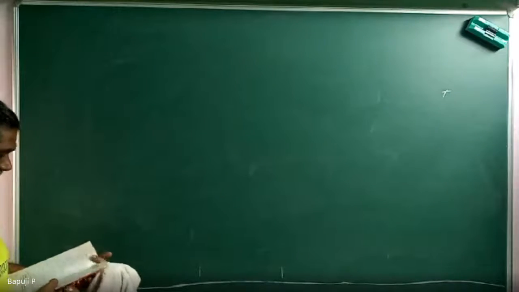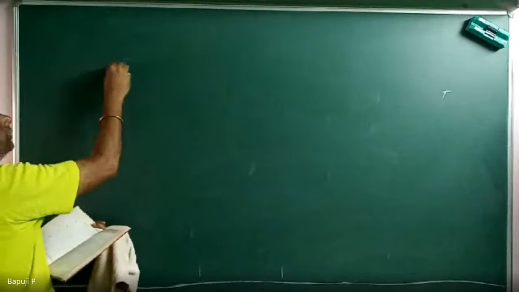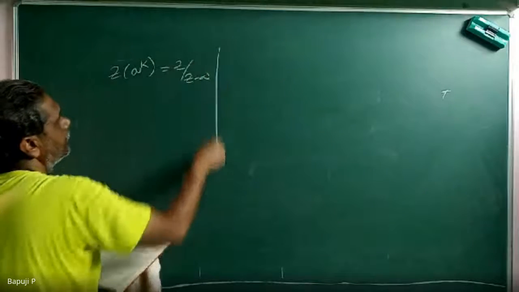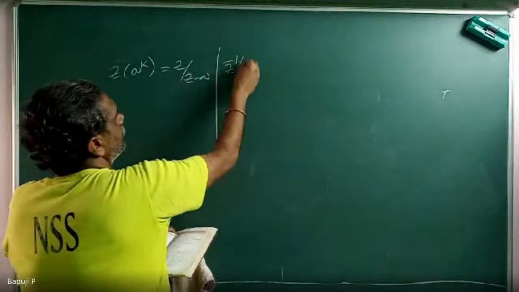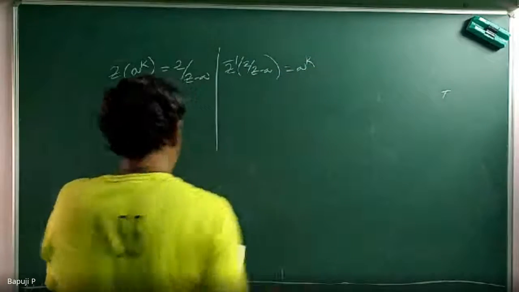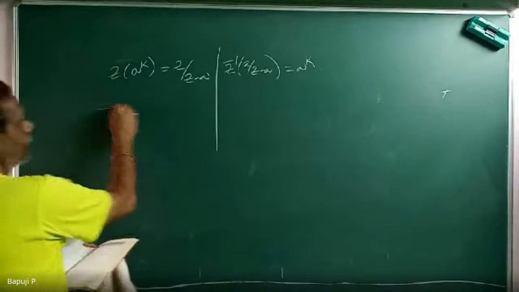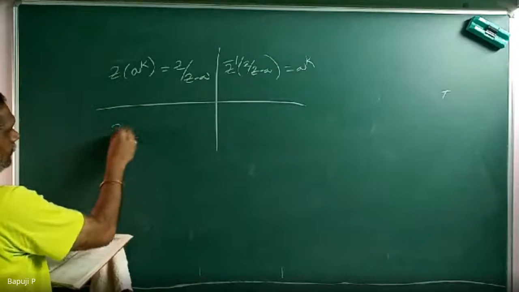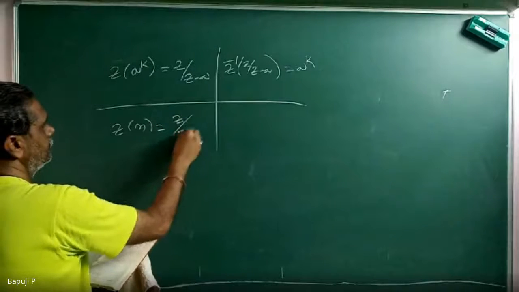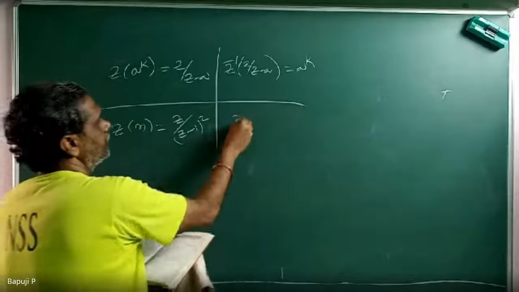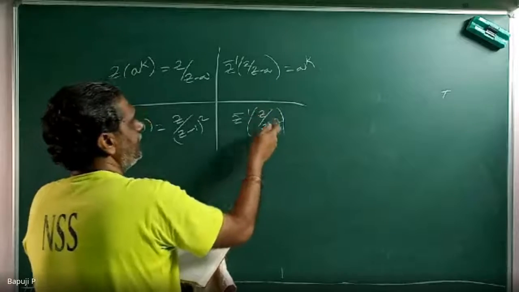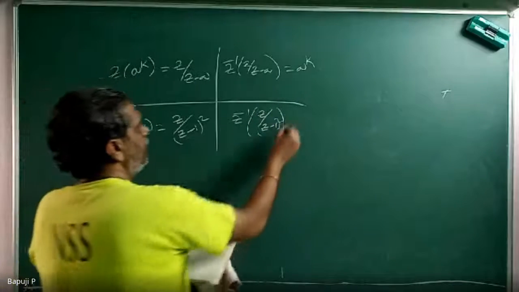Two tables I will do. See table 2. This is also important. If I see z by z minus 1 whole square, what will I write? n.